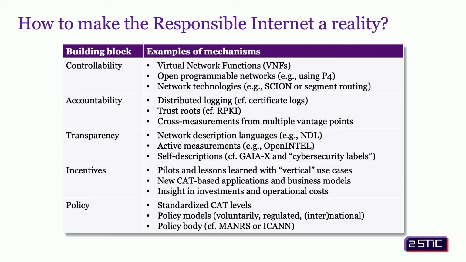In addition to the technology, which are basically the first three rows, we also need incentives for network operators to deploy this concept, and we might also need some policy making, for instance, to standardize different CAT levels, so different levels of controllability, accountability, and transparency.